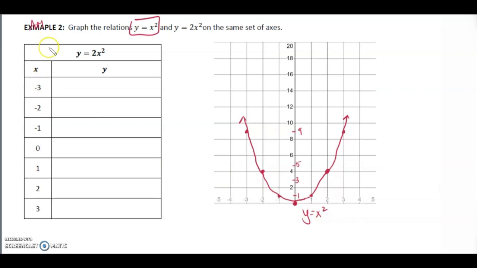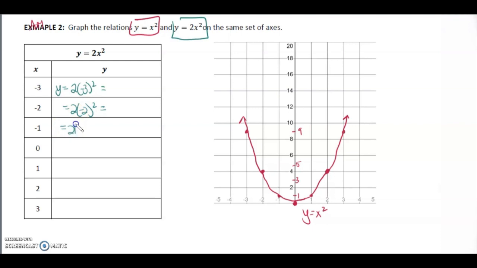Now, let's do this in the teal. We're going to graph y equals 2x squared. So what we want to do is go down this entire chart and sub in negative 3. So y equals 2 times negative 3 squared. Y equals 2 times negative 2 squared.